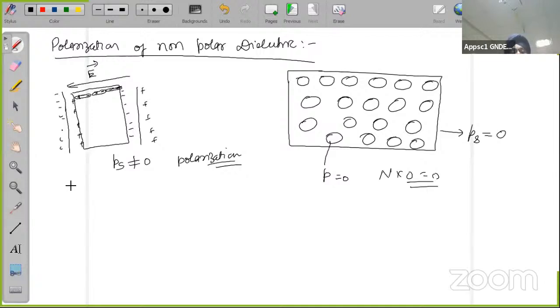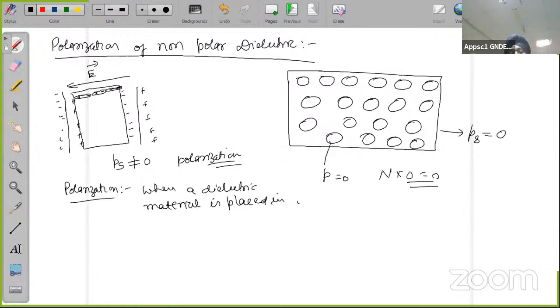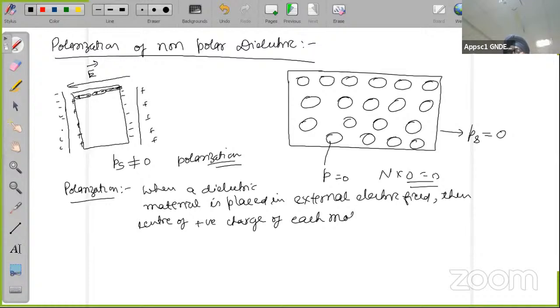So we can define polarization as follows: when a dielectric material is placed in an external electric field, then the centers of positive charge of each molecule are attracted toward the negative plate, and vice versa.